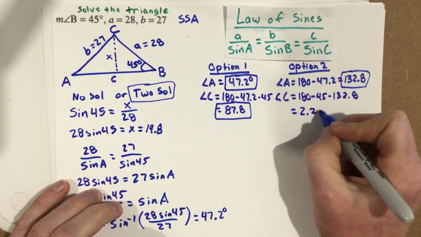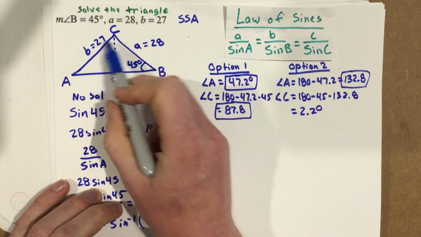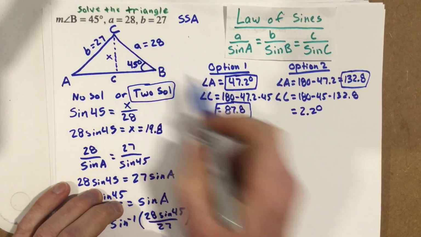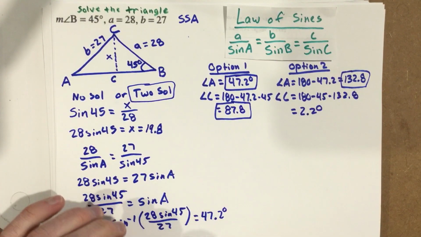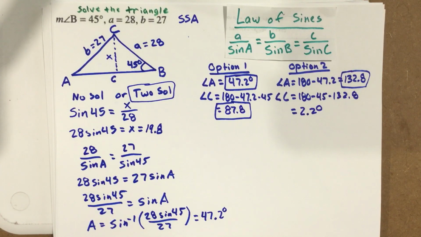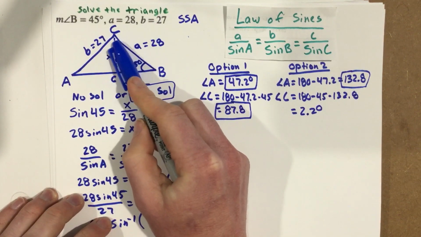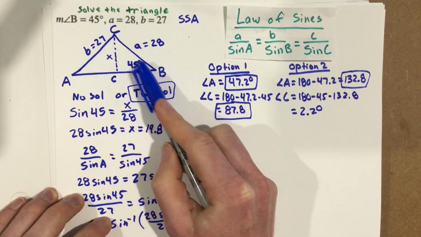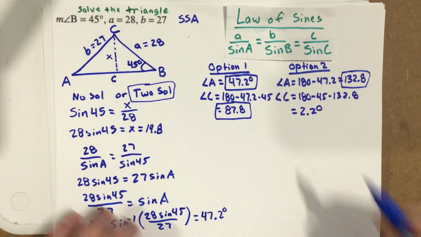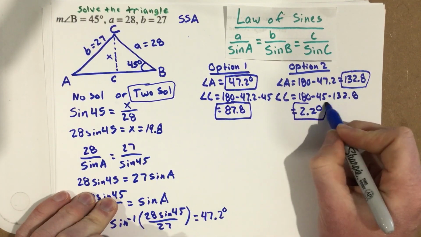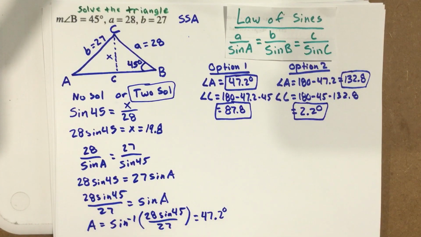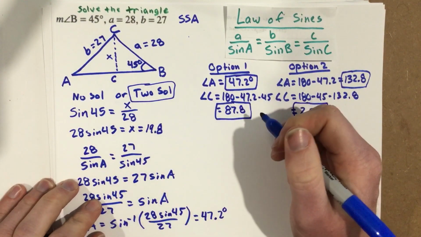Holy smokes, that's small. Which would make sense. Their side lengths are basically the same. They're pretty close. That's going to be a pretty small angle for your angle C, which is this top corner angle, with its obtuse angle. Real small. So now we just need to find side C, and we're done.